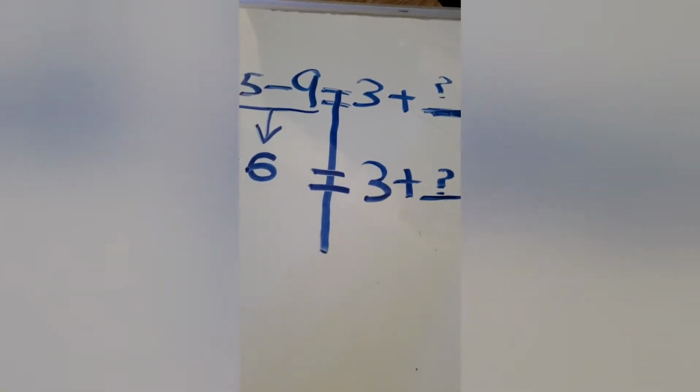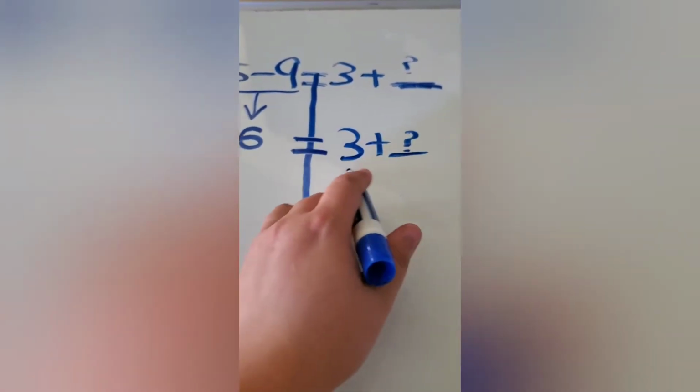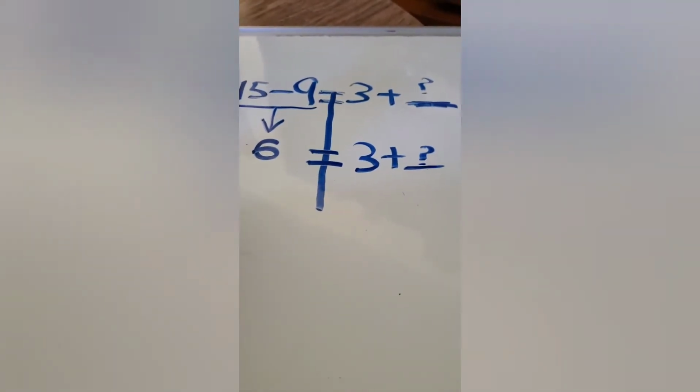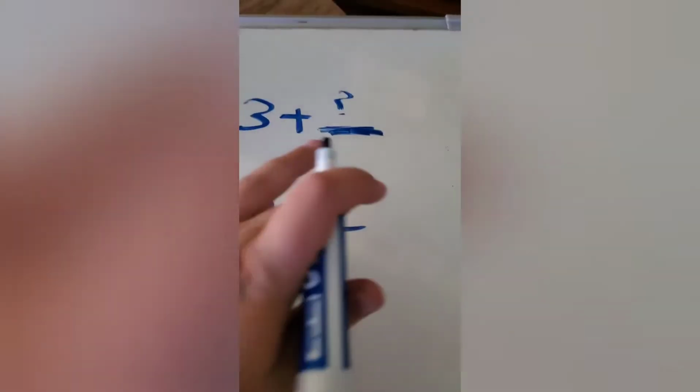Blank plus 3 equals 6. That's what we have to figure out. Okay. So what is blank plus 3 equals 6? Well, that's easy, isn't it? We know a doubles fact, don't we? We do. What is the doubles fact? You guys are right. 3 plus 3. So let's erase that and let's see.